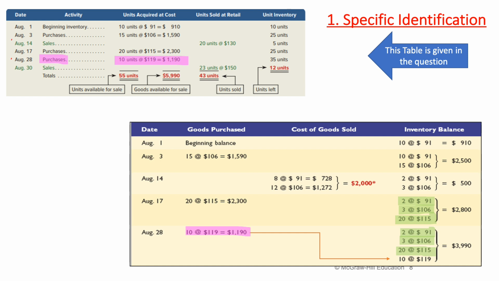Those are the units that we have as a balance from the previous transaction. Then I'm going to add the 10 multiplied by 119, which is my new purchases. Then I'm going to take the total. So we can see here the inventory balance on August 28 is 3,990. Why? It's increasing because the company did purchases.